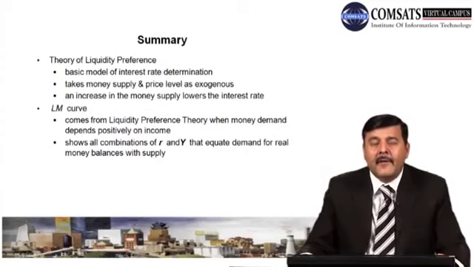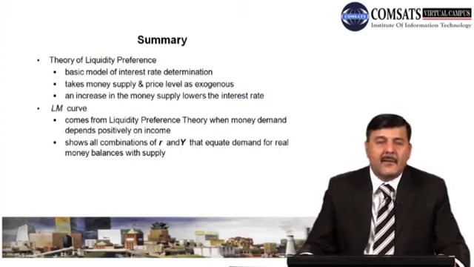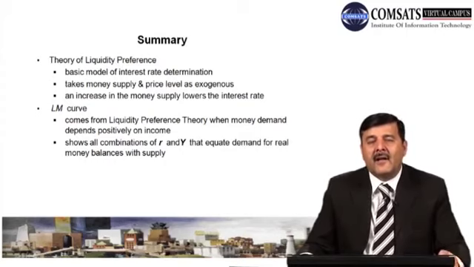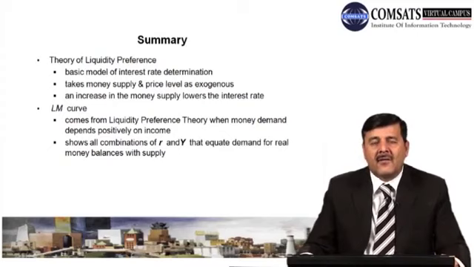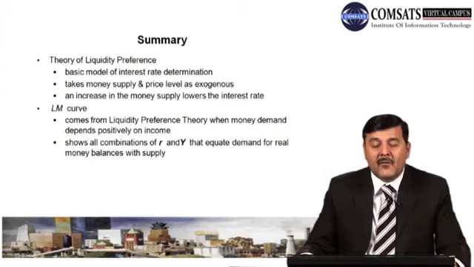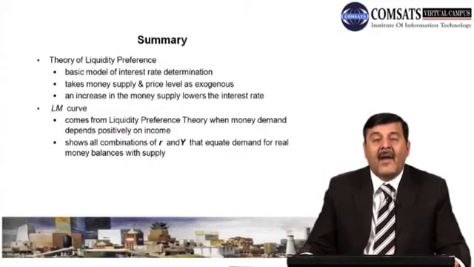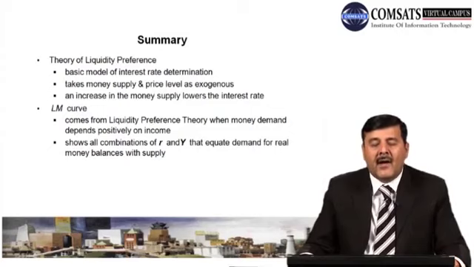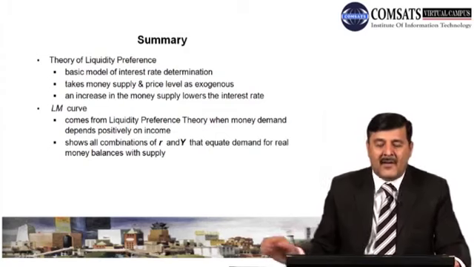With the help of this liquidity preference theory, we have determined the LM curve, which is positively sloped: whenever there is a change in the rate of interest, it affects the level of income positively. This comes from the liquidity preference theory, when money demand depends positively on the level of income. This curve shows the combinations of R and Y that equate demand for real money with money supply.